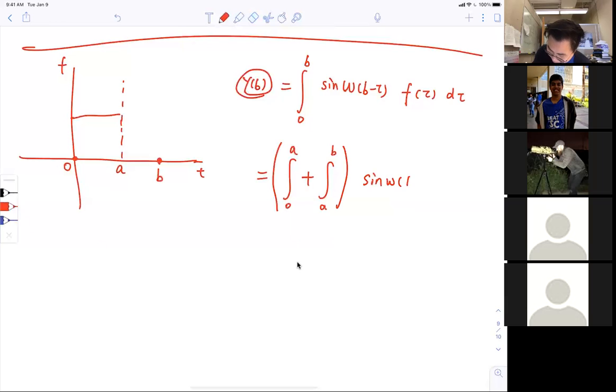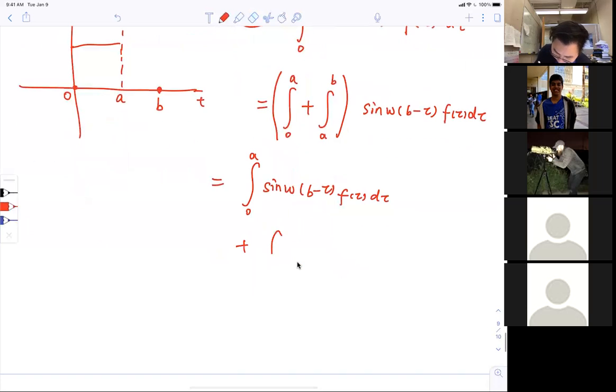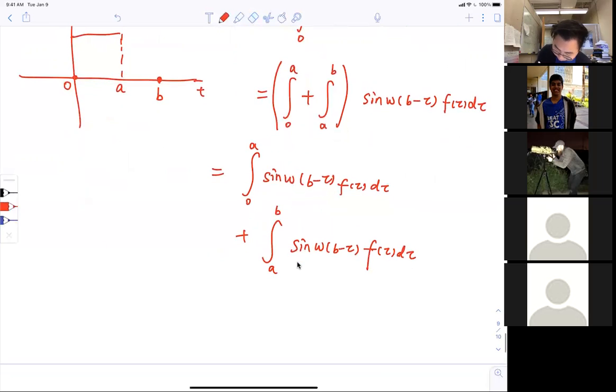So we split it into the integral of sine omega b minus tau f tau d tau from 0 to a, and the one from a to b. And the first one goes to 1, the second one goes to 0. Yeah, this guy is 0, this is 1.